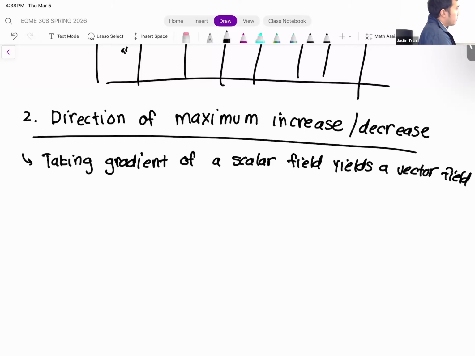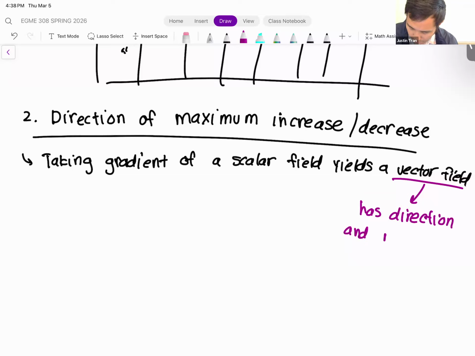And just like any vector, the gradient is also going to have a particular direction. And so the direction of that field actually has meaning.